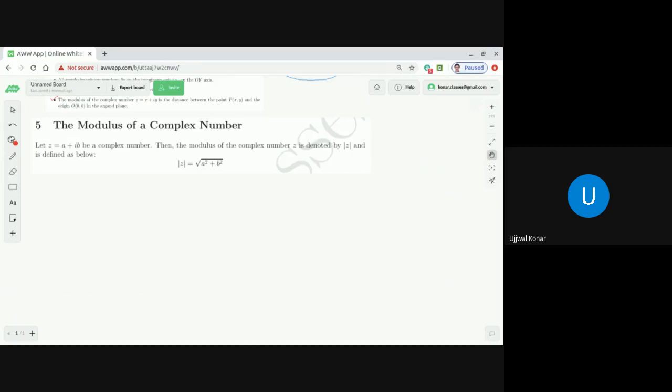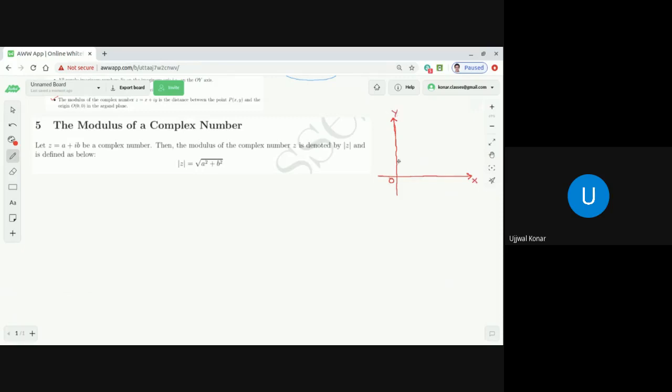What is the modulus of a complex number? Let z equal a plus ib be a complex number. The moment it comes to your mind, you can relate it with the Argand plane. I have a real axis along OX, the x-axis in our Cartesian coordinate system, and an imaginary axis OY, perpendicular to the line OX.